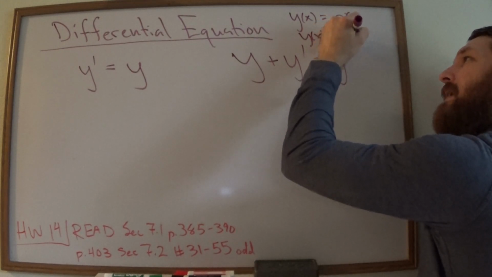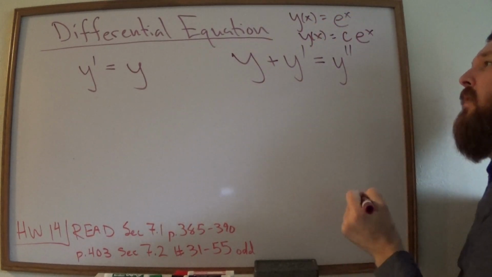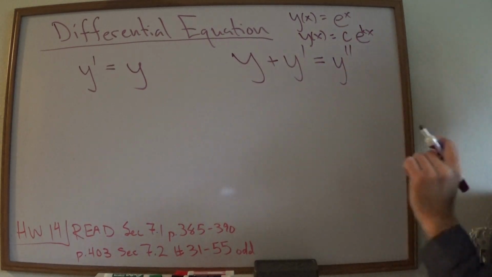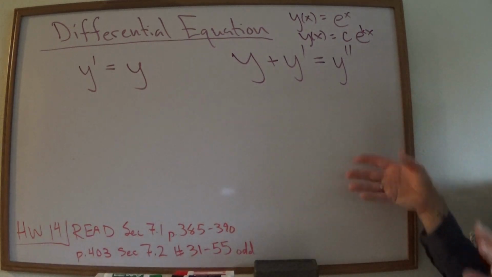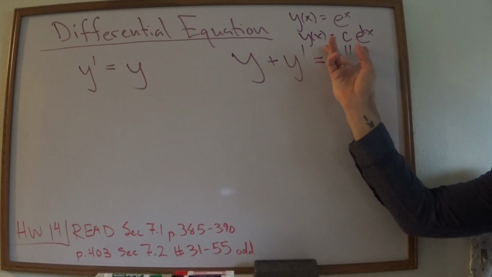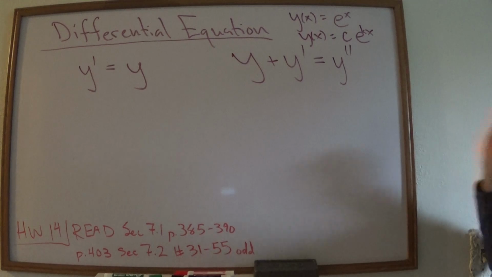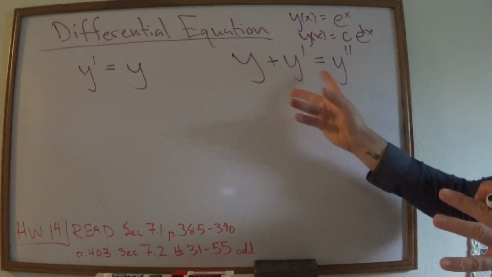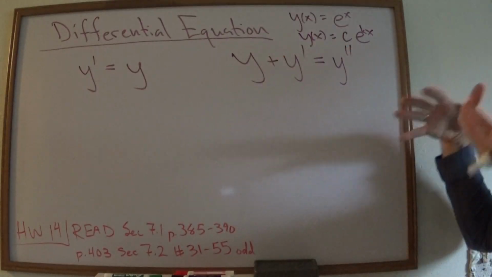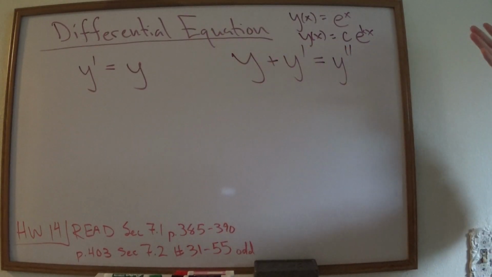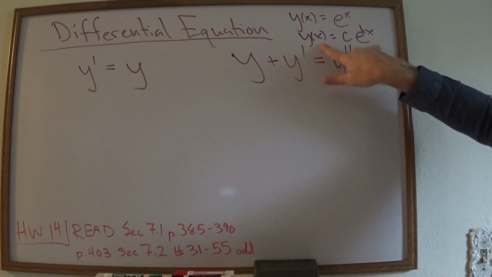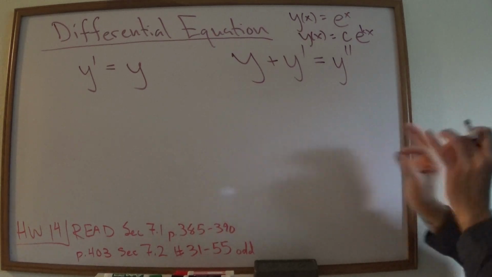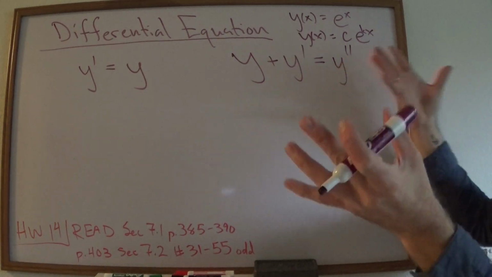Or maybe it's some constant times e to the x. Or maybe it's some constant times e to the constant times x. And that's usually your first guess. You say, well, here's a function, and if I do some stuff, its derivatives show up. Maybe, just a guess here, that it looks something like this. And then the idea is, okay, how can I make this work? Let's just see.